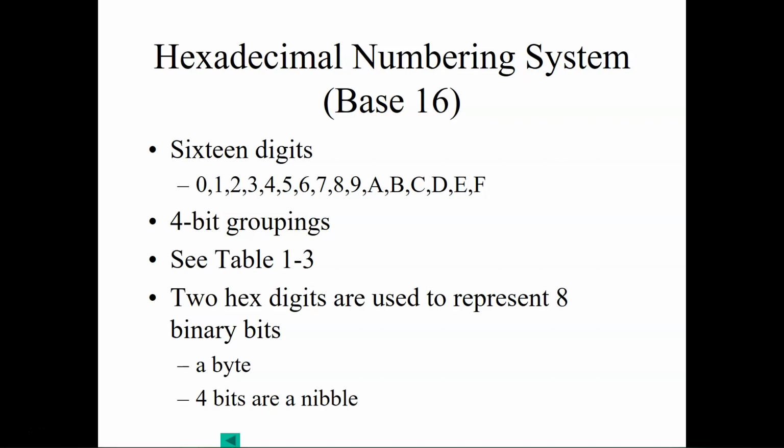Then the next thing we have are hexadecimal systems, which have 16 digits. The real difference here is that we have a base of 16. We have the ability to run through 16 different digits. So we can run 0 through 9, the numbers we always use.